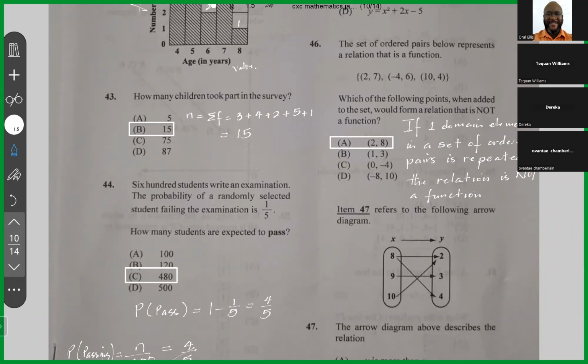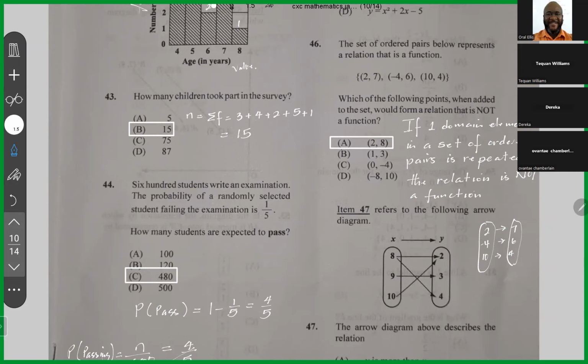First of all, if I wanted to, I could draw the arrow diagram for this function. The arrow diagram is what? 2 to 7, minus 4 to 6, 10 to 4. It's a 1-to-1 function.